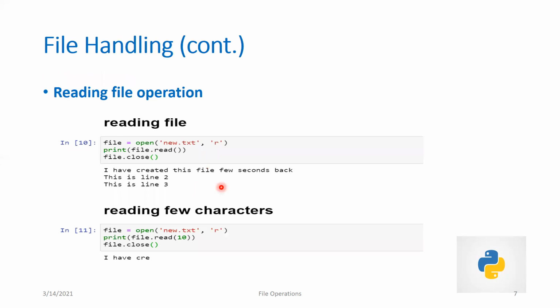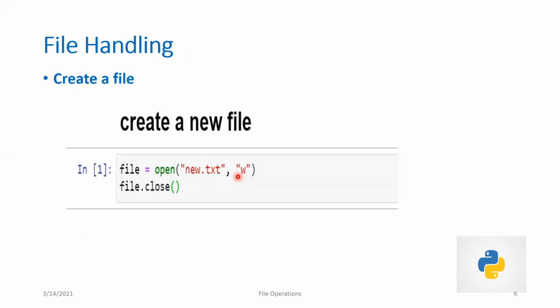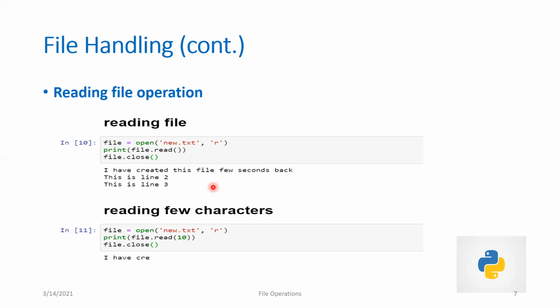So here the file is created in my default location, and in that creation case, I put the mode in write mode. Now I want to read the file, so it is now read mode.